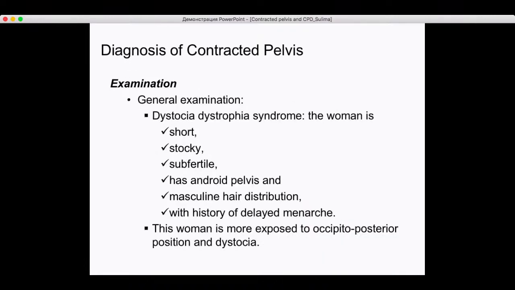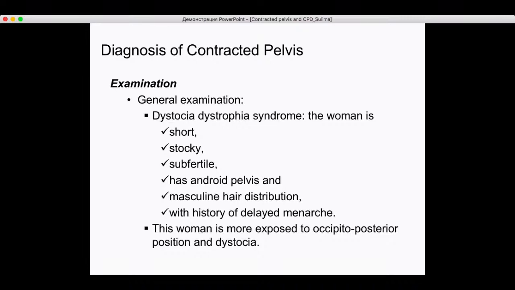General examination. Dystocia, dystrophy syndromes. The woman is short, stocky, has problems with pregnancy, is subfertile, and has an android pelvis.